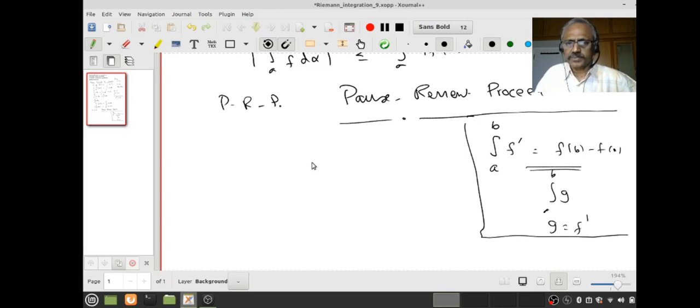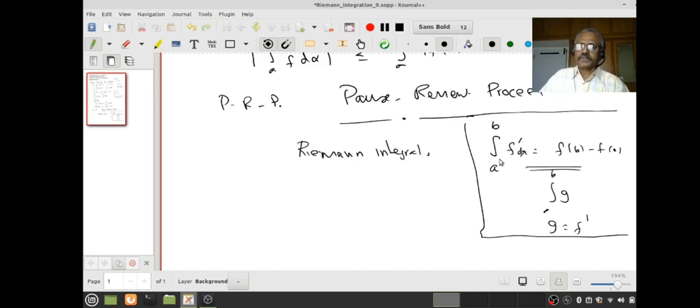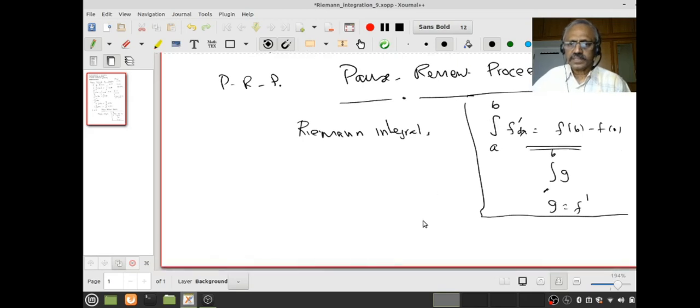It's a pure Riemann integral, not Riemann-Stieltjes. That is why you don't see d alpha here; it's only dx if you want. So the left side should make sense. That means f dash must be integrable on the interval [a, b]. That's the only condition.